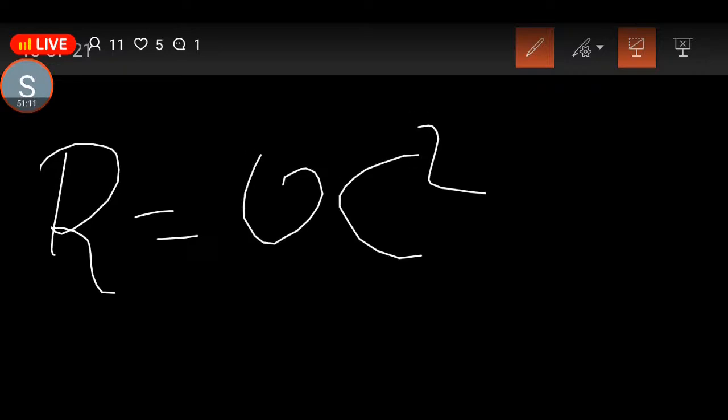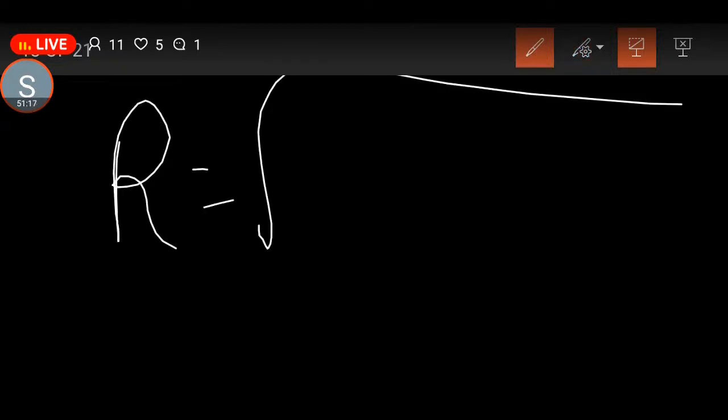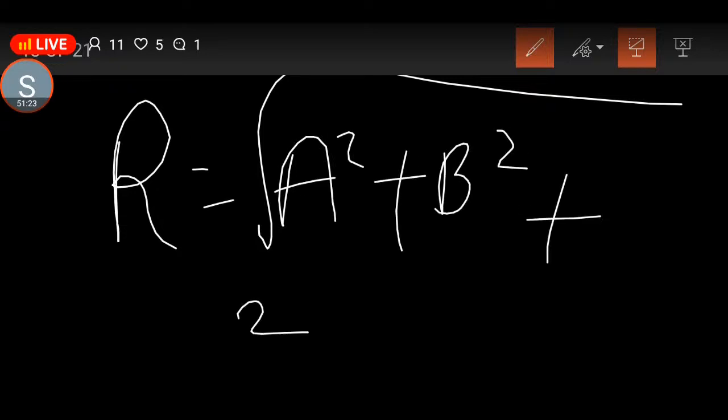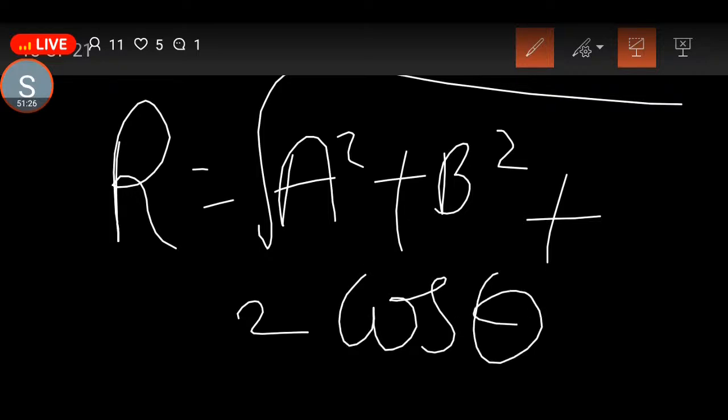And now, if you replace AD and CD in that equation, with AD equal to B cos theta and CD equal to B sin theta, the result will be, let us assume OC square is equal to R square. Then R is equal to the square root of A square plus B square plus 2AB cos theta.